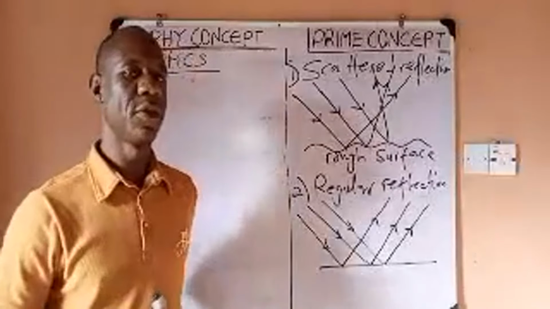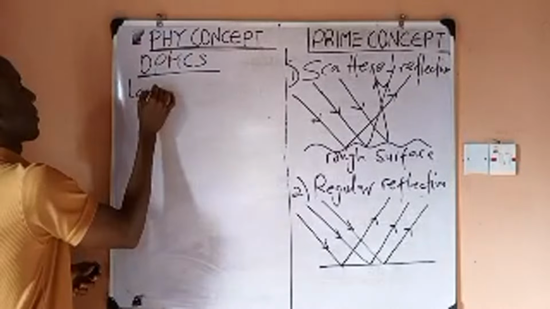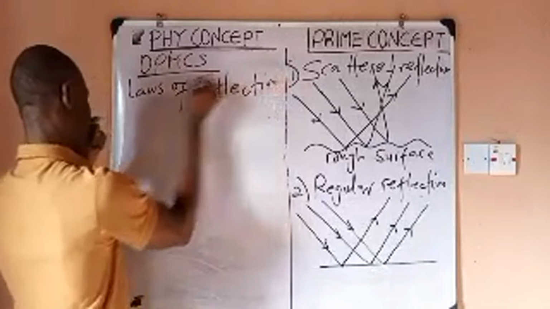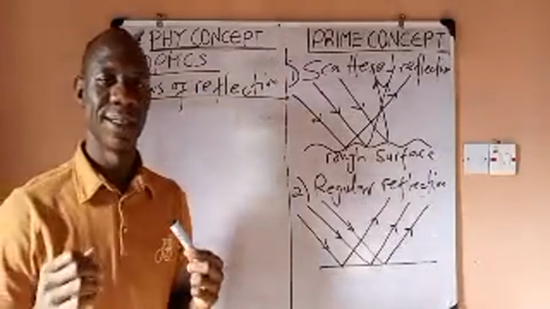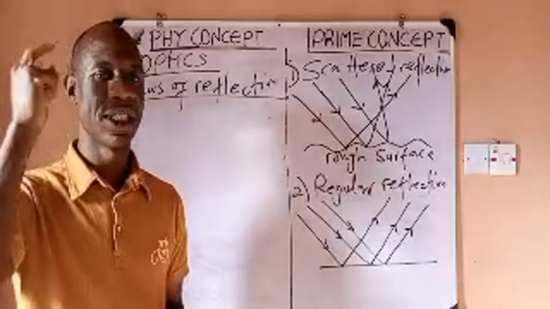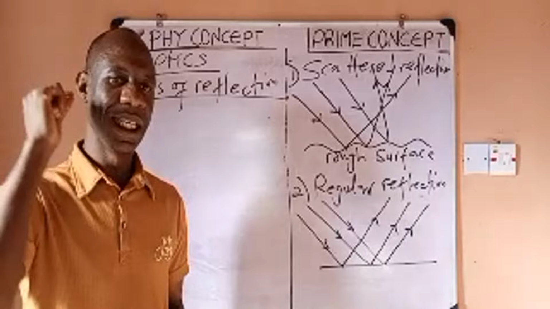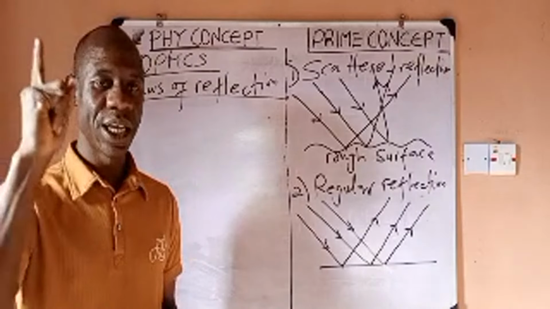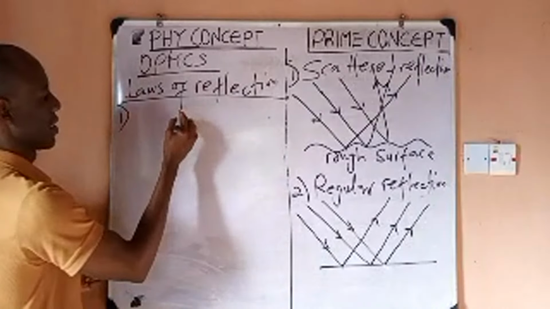You have 2 laws of reflection. Number 1 says that the incident angle, when light is incident on a smooth surface, equals the angle of reflection. That is just the first law.